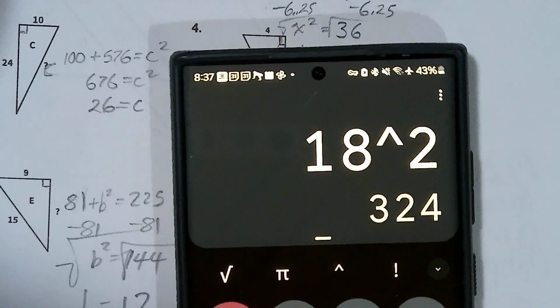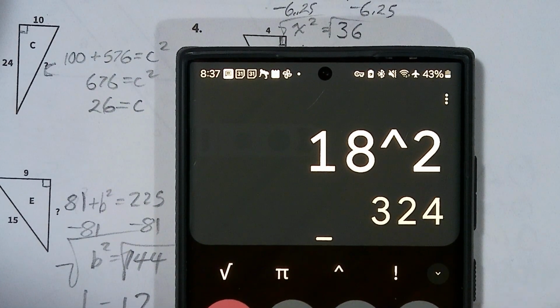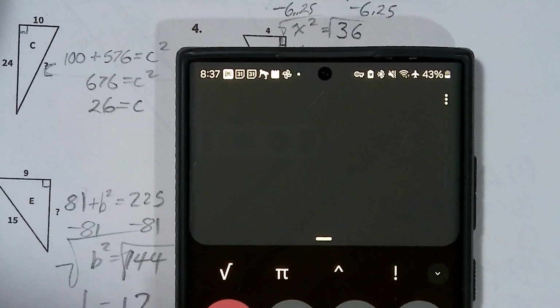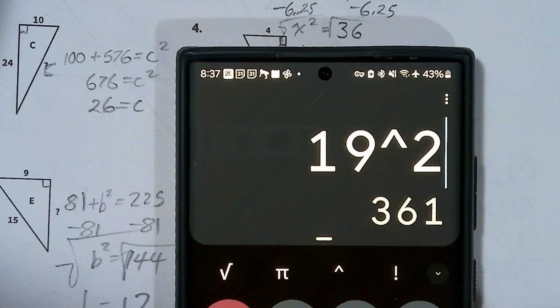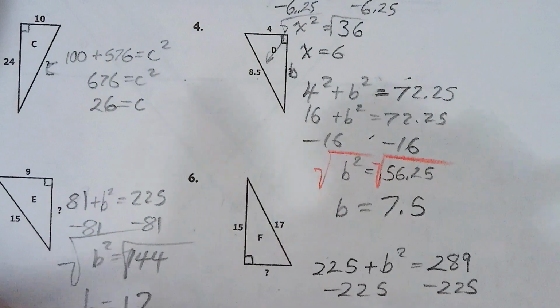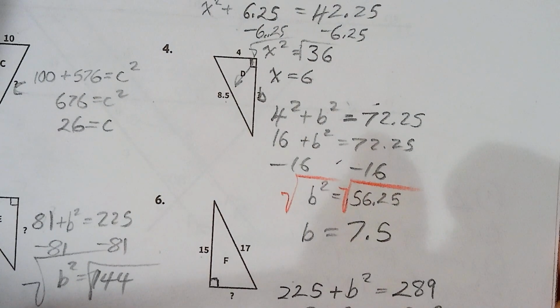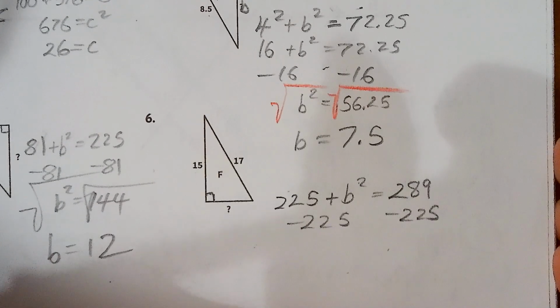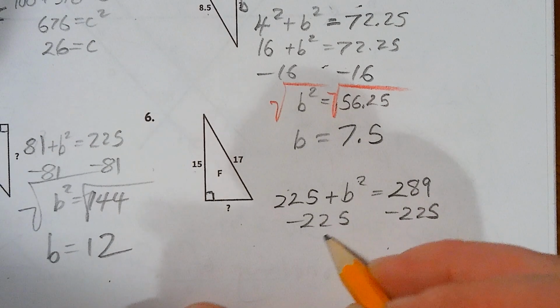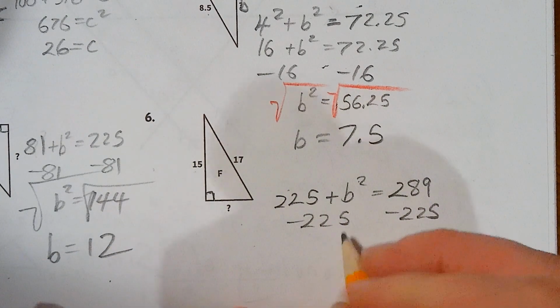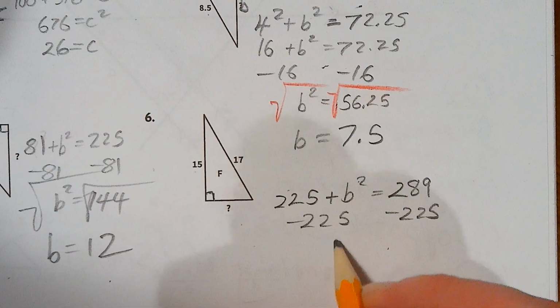It was 324. And then 19 squared is 361. And then 20 times 20 is 400. So I know my squares up to the 20th square. 21st square if you count 0 times 0 is 0. Right, which we should.